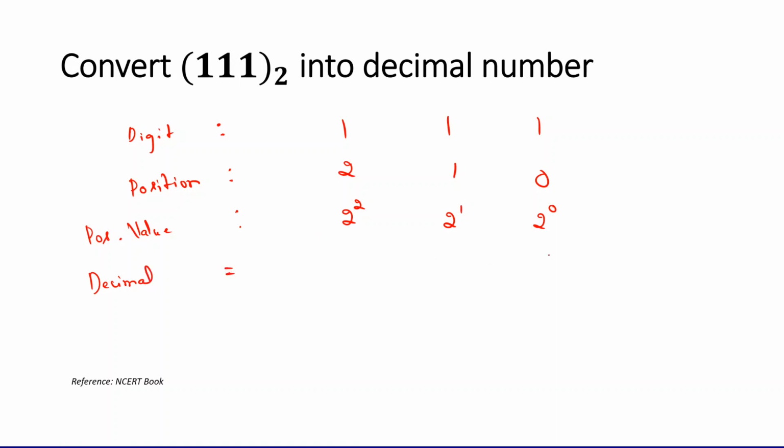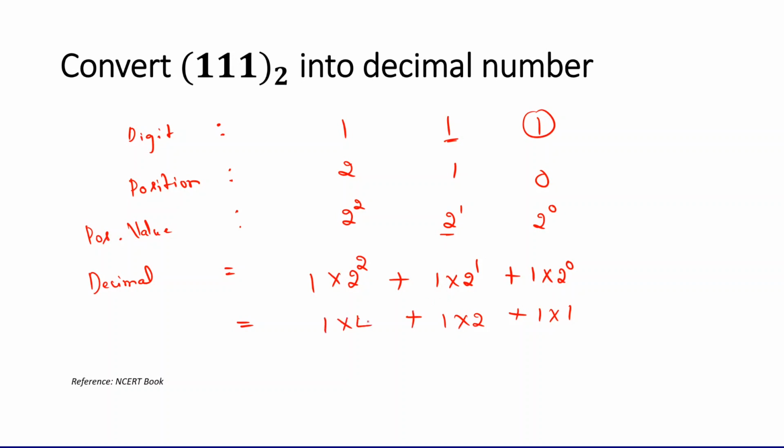Then the decimal equivalent value would be, you have to multiply the digit with the positional value. 1 into 2 to the power of 0 plus 1 into 2 to the power of 1 plus 1 into 2 to the power of 2, which is nothing but 1 into 2 to the power of 0 is 1, plus 1 into 2 to the power of 1 is 2, plus 1 into 2 square is 4.